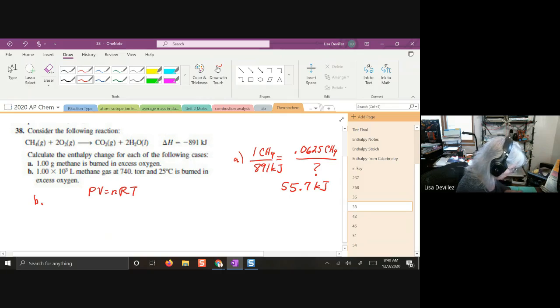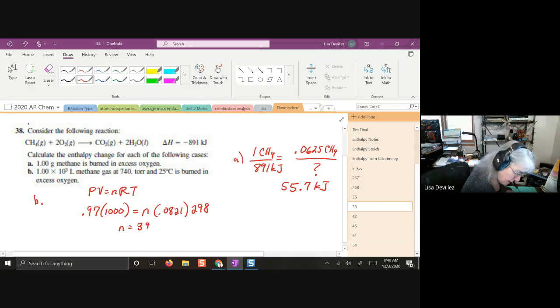So divide by 760, that is 0.97 atmospheres, 1,000 liters, and 298 Kelvin. Divide by, so I'm getting 39.6.